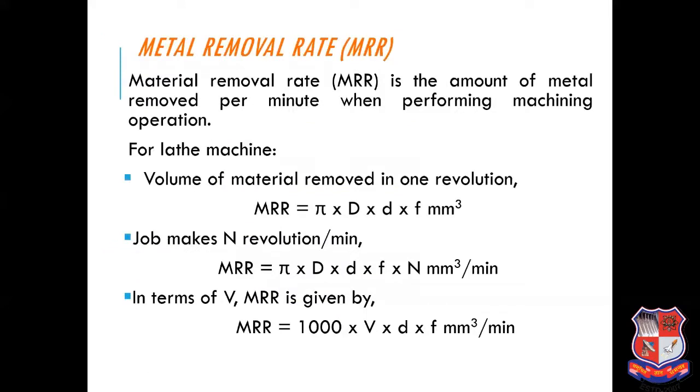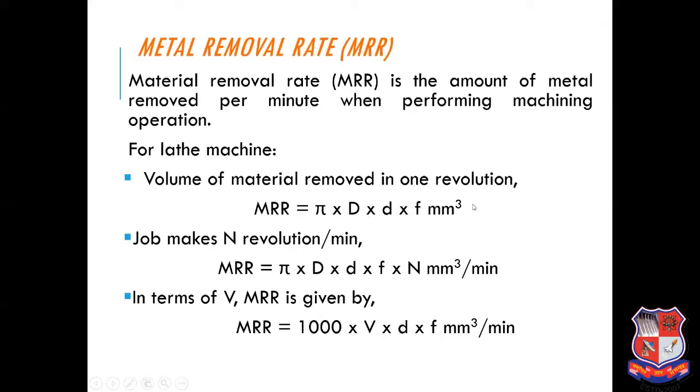So what is material removal rate? It is the amount of metal removed from the workpiece when performing the machining operation. But here we are discussing the lathe and turning operation. Therefore, the job is circular. So the amount of metal removed in one revolution, that means N = 1, at that time the MRR will be π × D × d × f, where πD is the circumference of the job, d is the depth of cut and f is the feed.